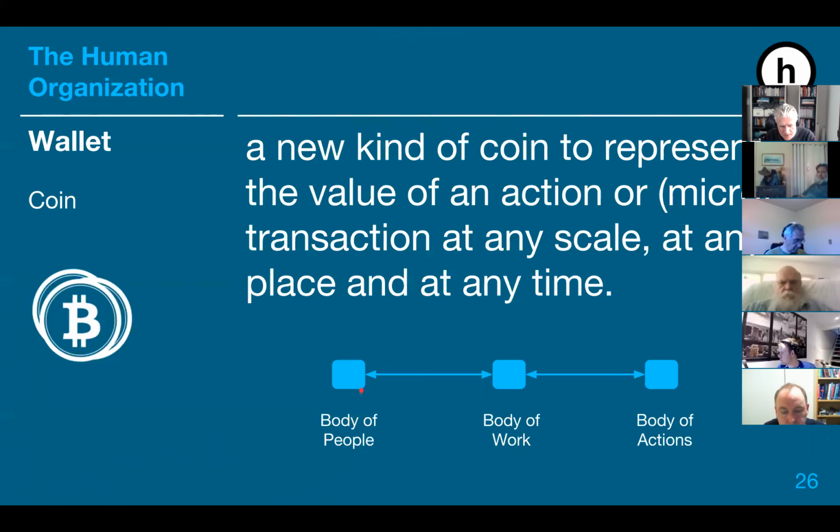So you see there's a linkage here at the bottom between body of people, body of work, and body of actions. To me, this is a way to realize the flow between these 3 constituents, right? Between the body of people and what they do, and what the actions actually are, the buttons they press and the activities they do throughout the day.